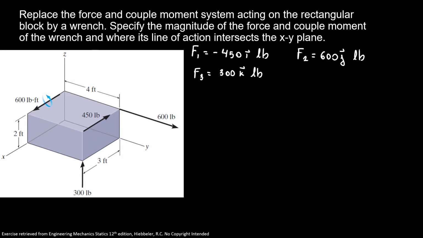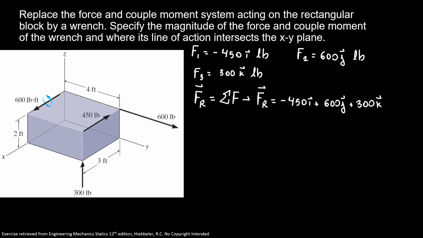So to find the force, the resultant force is equal to the sum of the forces 1, 2, and 3. So our resultant force in vector form is minus 450 I plus 600 J plus 300 K.